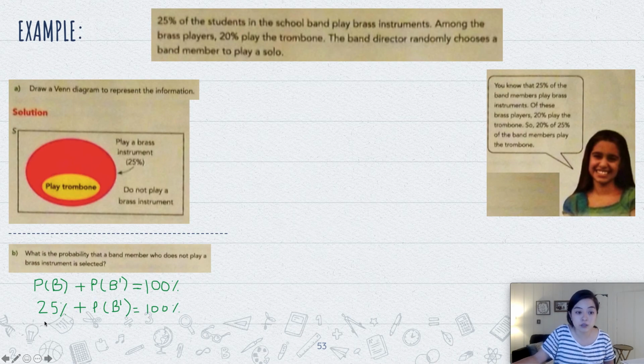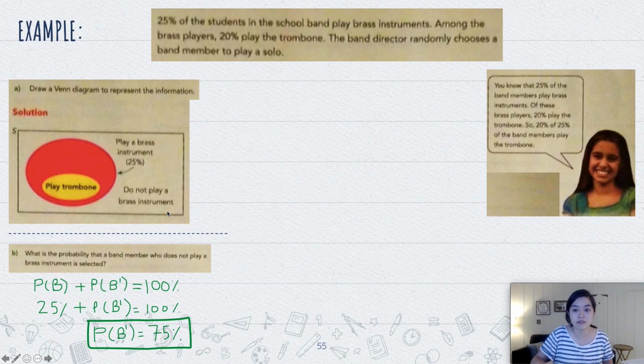Now I'm going to subtract 25% on both sides of the equation, so 25% cancels out. Then the probability of those who don't play a brass instrument is 100% minus 25%, which is 75%. So 75% do not play a brass instrument. That's our answer.